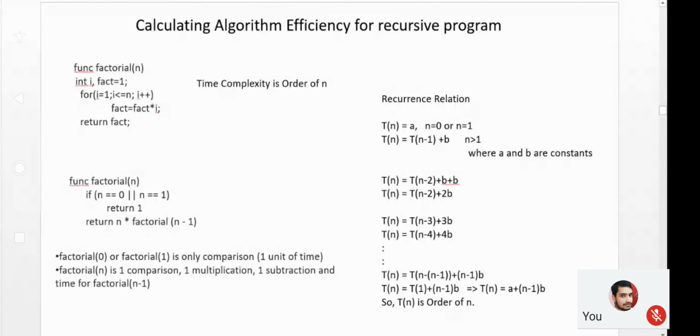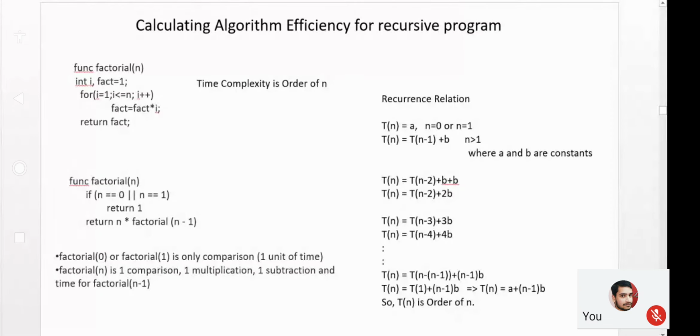Now just derive it. From here, we can write T of n equals T of n minus 2 plus 2b. Just substitute T of n minus 1. Say T of n equals T of n minus 1 plus b.